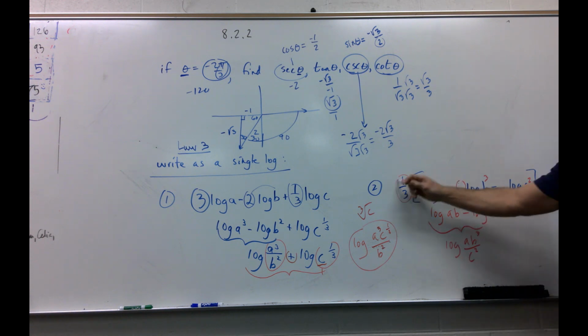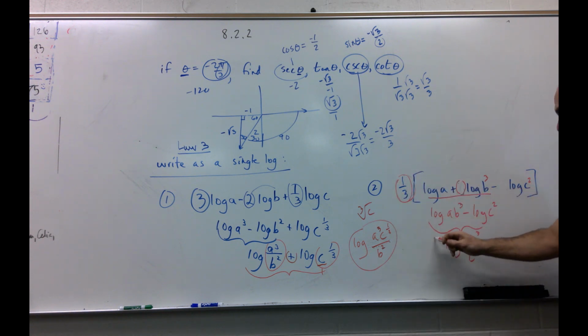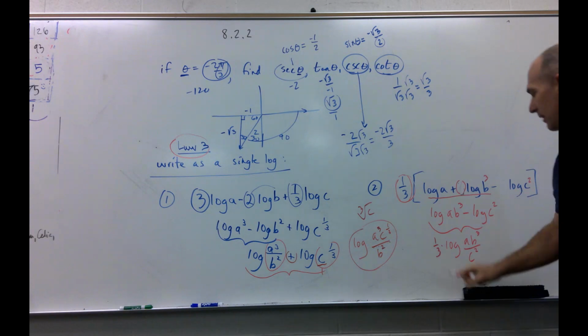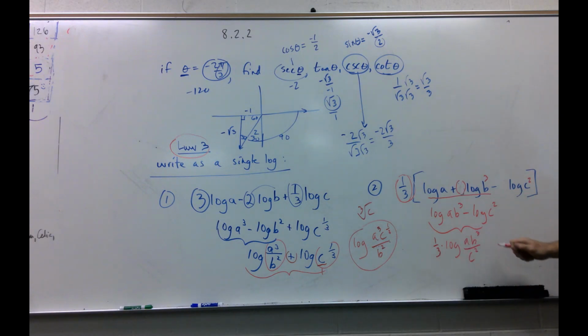Here's the thing. We got this 1/3 now in front, which is law 3, staring you down in the face. So that means I can put it up here, and I'd get log ab cubed over c squared all to the 1/3 power.